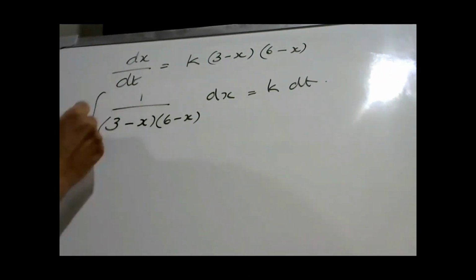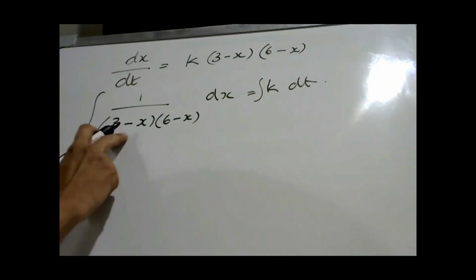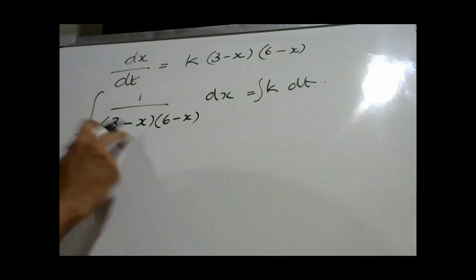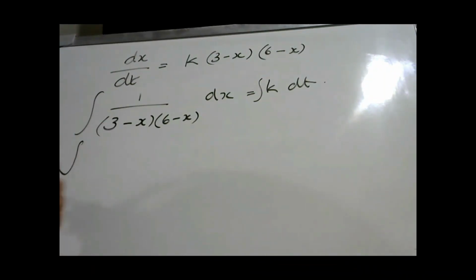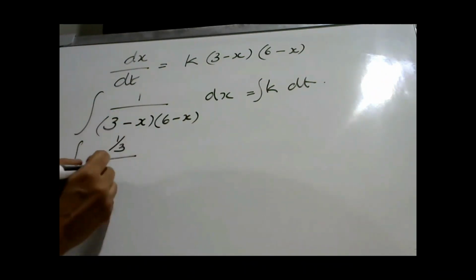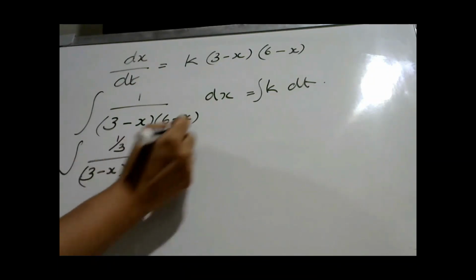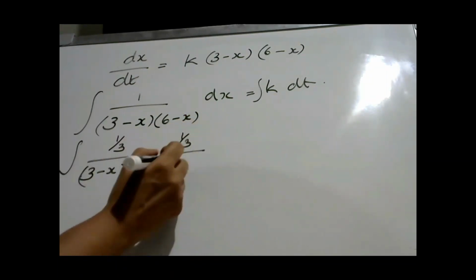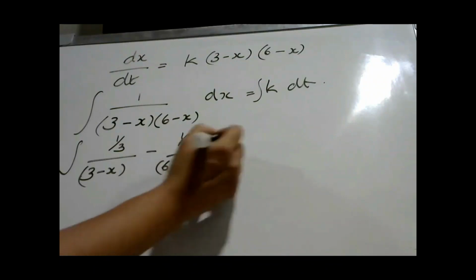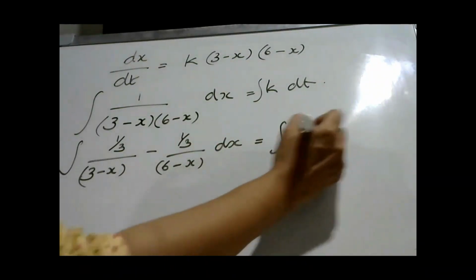Now I am integrating both sides. I have already calculated the partial fraction for this, so I substitute with the partial fraction. It is the integral of 1 over 3 times 1 over (3 minus x) minus 1 over 3 times 1 over (6 minus x) dx is equal to the integral of k dt.